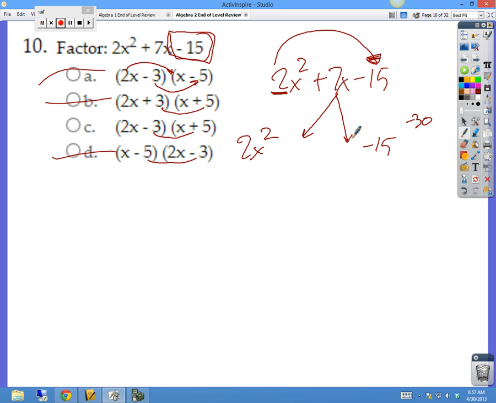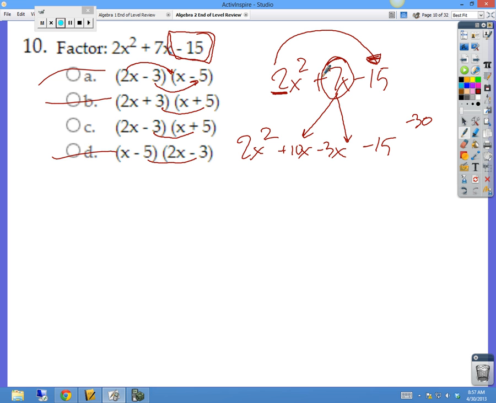Tyler, you got to stop talking. They've got to add and give you 7x, but they've got to multiply and give you a negative 30. So what's going to times and give you negative 30, but add and give you 7x? 10x minus 3x.